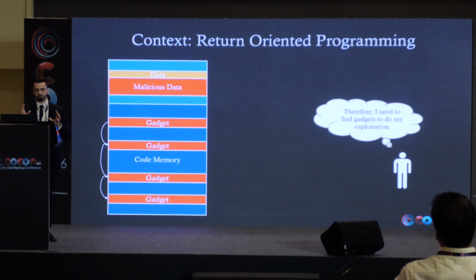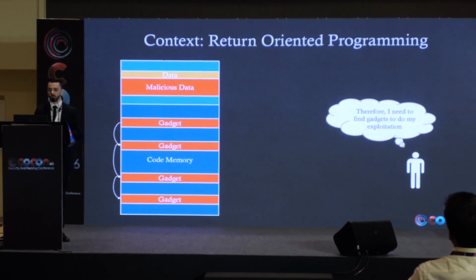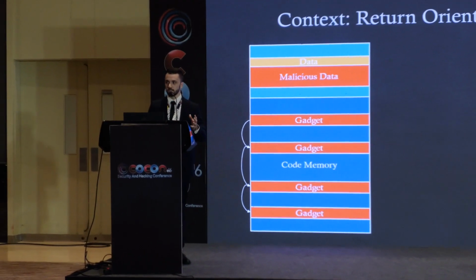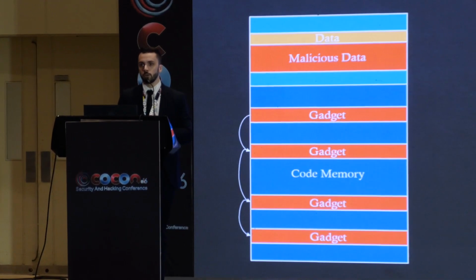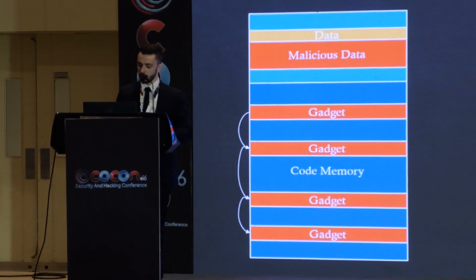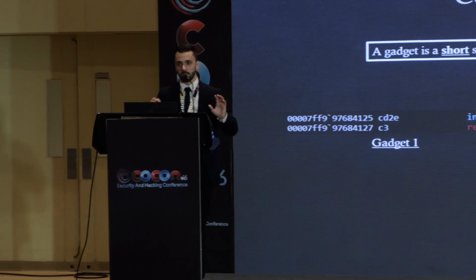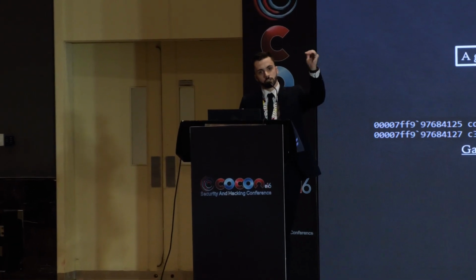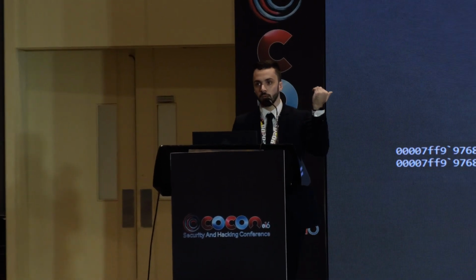So the first point when we do that kind of thing is, what is a gadget? And how am I able to identify them? A gadget, basically, is a short sequence of instructions that ends with a jump. When I say jump, I don't mean the assembly instruction jump.